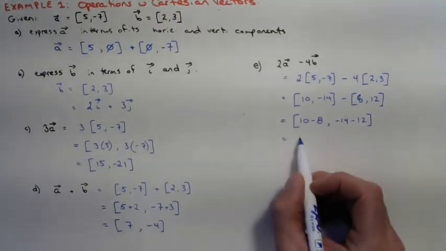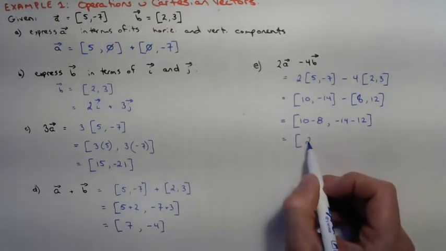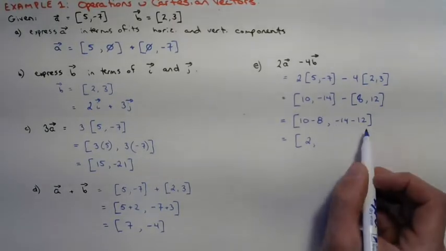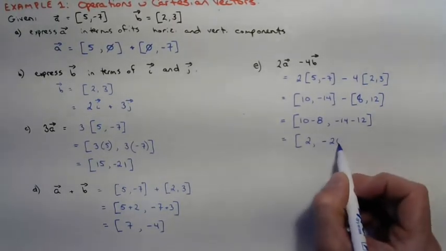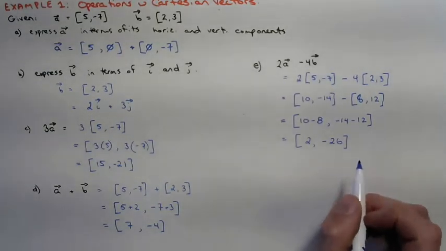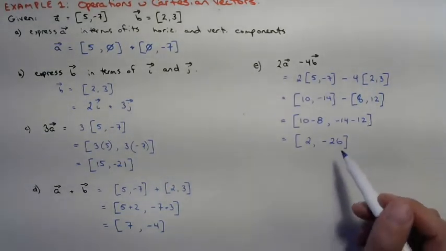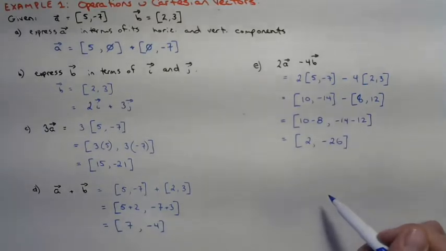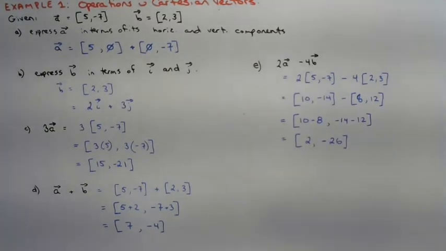And now we can simplify. 10 minus 8 is 2. Negative 14 minus 12 is negative 26. Step by step, go carefully. You're not reinventing the wheel. You're just using different language, really. The language of vectors, Cartesian vectors.